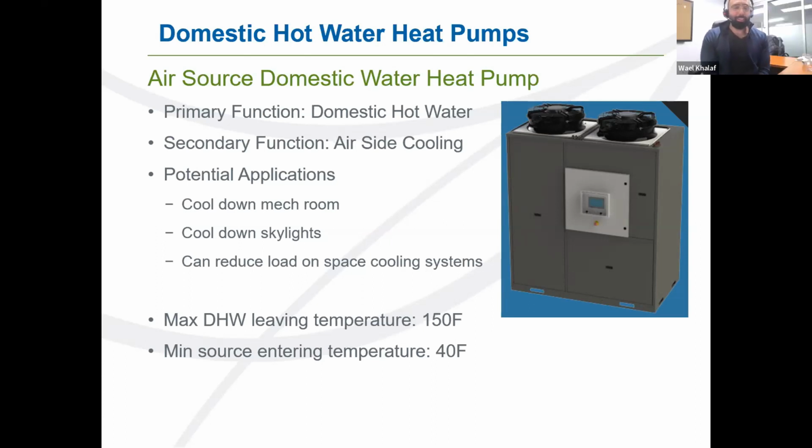Well, if I look at the heat pumps available for domestic water production, we have an air source domestic hot water heat pump, which is interesting because it will extract heat from the ambient air and then produce domestic hot water on the other side. My primary function in this case is producing hot water, but the secondary function is, because I'm cooling down that air, I can put it in an area that has some waste heat available to it.